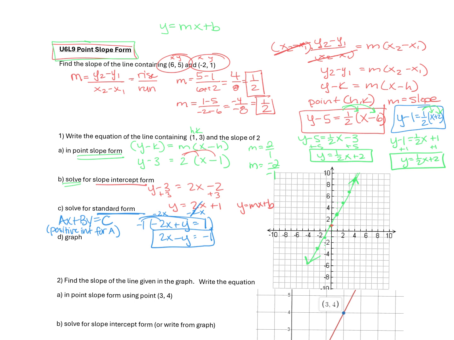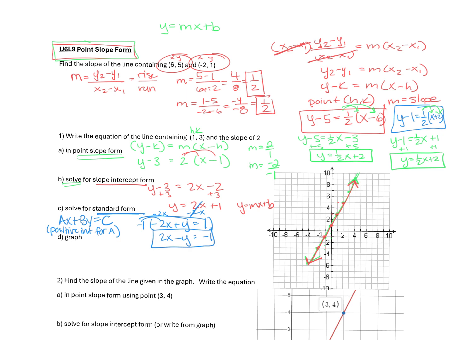So I'd plot my y-intercept on the y-axis, and I'd use my slope of 2, my 2 over 1, to do my stair steps. Up 2 over 1, up 2 over 1. I could go down 2, left 1. That's negative movement. And you'd be seeing that I'm getting the exact same line. These are both equations for the exact same line. I can easily graph from my point slope form or my slope intercept form.